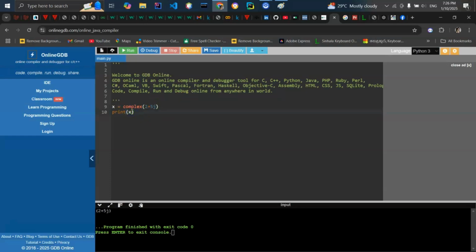But if you want to print only your imaginary part, you can use the imag keyword. Now you can get your imaginary part only. As well as if you want to get only the real number, you can use the real keyword. Now you can get your real part as 2.